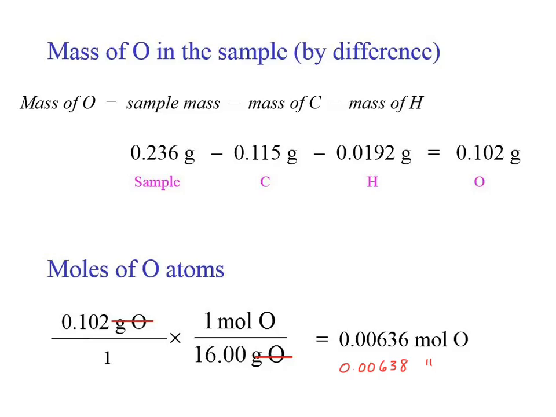So 0.0191 divided by 0.00636, and I got 3. Okay? We good with that? I know, can you see those?